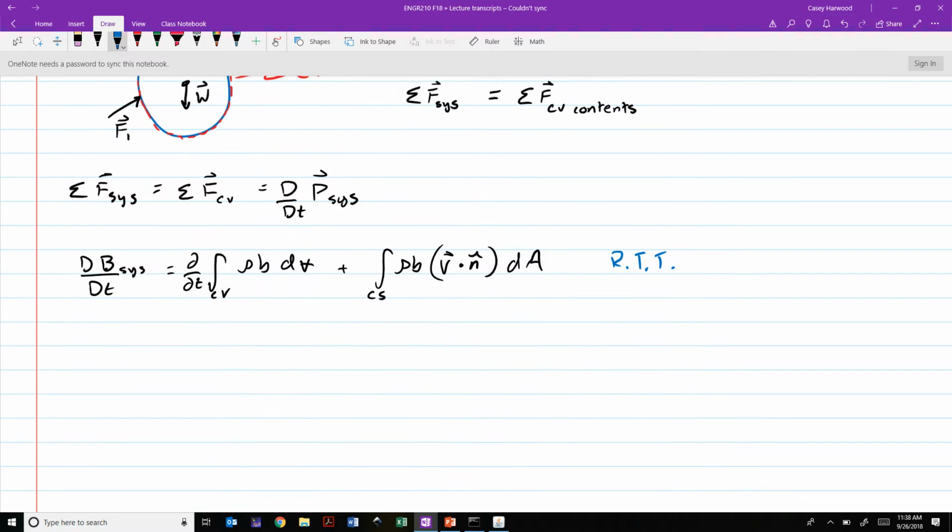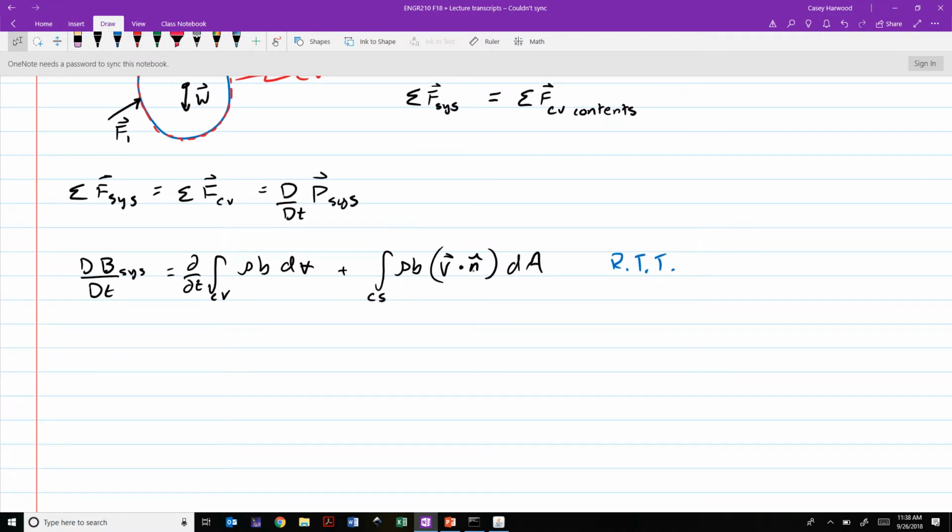Well, hopefully, just comparing that guy and that guy right there, we can see that we need to define big B as momentum, this quantity P. And if that's the case, this can be thought of as our mV.